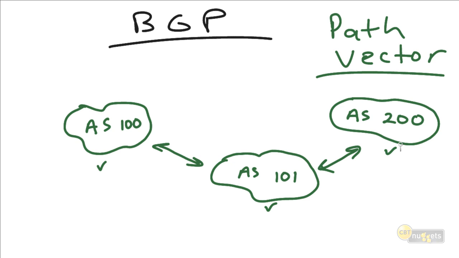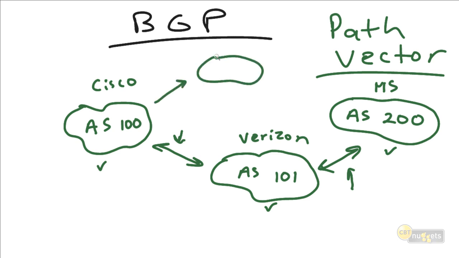Now, if this is Cisco, and this is a huge internet service provider like Verizon, and this is another big company like Microsoft, these companies want to have very fine controls over how their prefixes are shared. And they want to have fine controls over which exit their particular traffic will take.